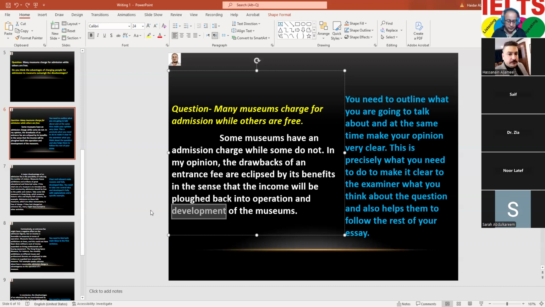Yes, it is. Okay, pay attention to this point because a lot of candidates make this mistake. They do not explain one of the reasons or both of the reasons in the paragraph of the body which goes with their answer. Okay, everyone?